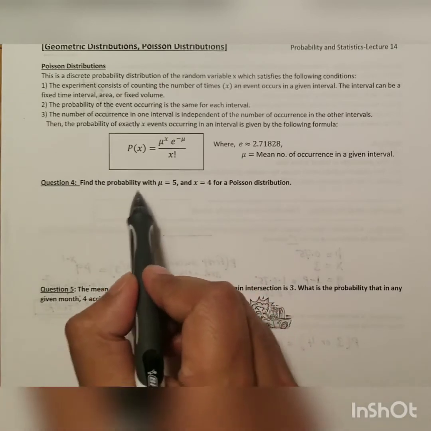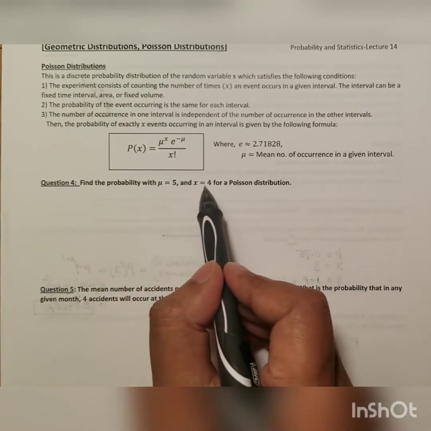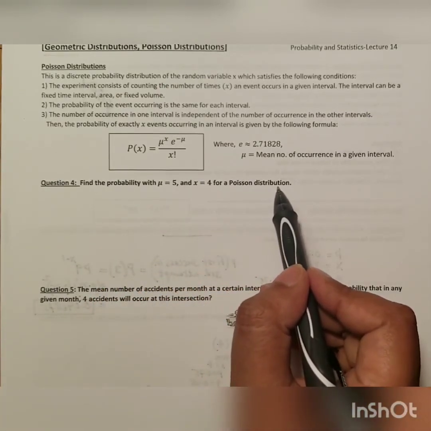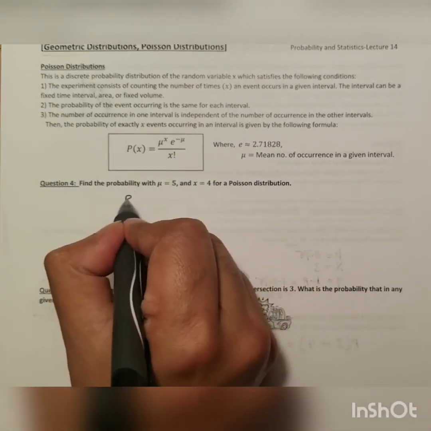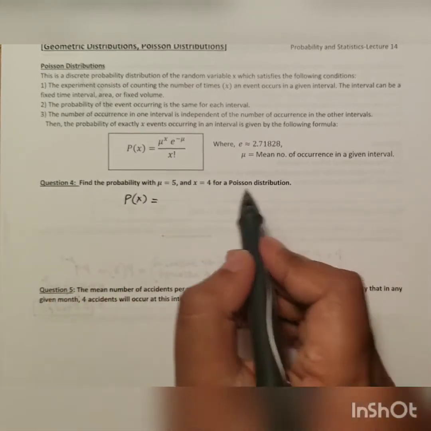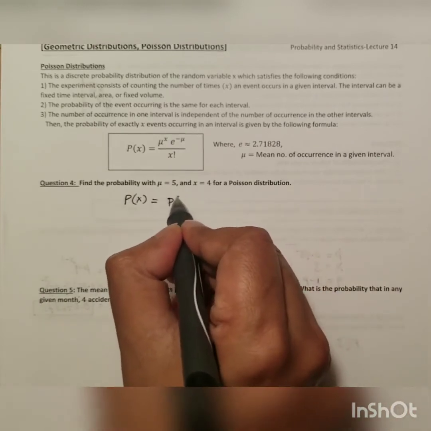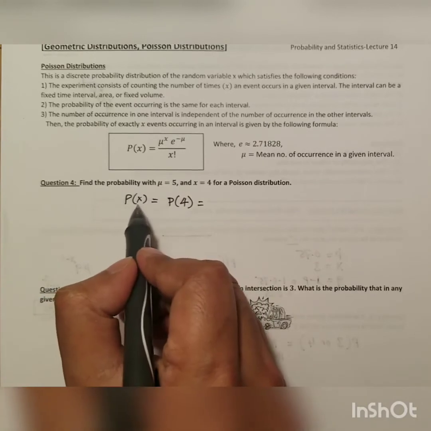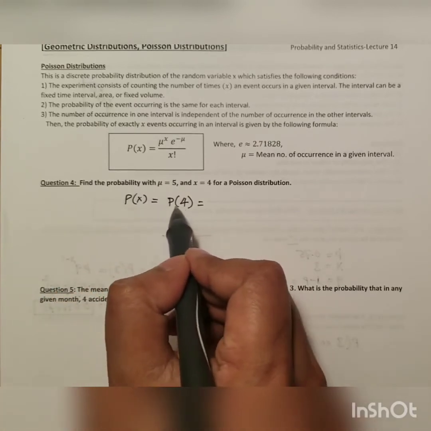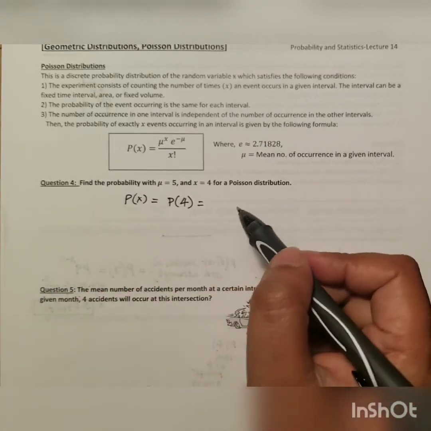Okay, let's solve this question. Mu equals 5, x equals 4, and Poisson distribution. How to find the probability? Here x equals 4, so we write probability of 4. You can write P(x) or you can write P(4), these are the same thing.